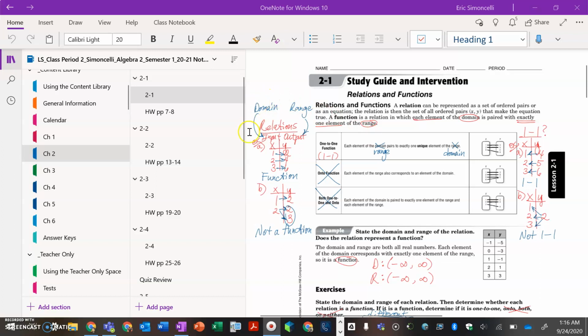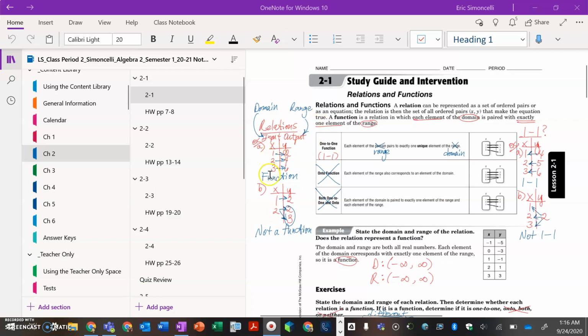I gave a couple of examples off to the left here, and a couple of examples off to the right. If we take a look at the examples on the left, a relation by definition is just comparing two different quantities, in which we look at ordered pairs x and y, and I have written them with the inputs x and outputs y in an xy table. Domain again is represented by x, while range is represented by y.